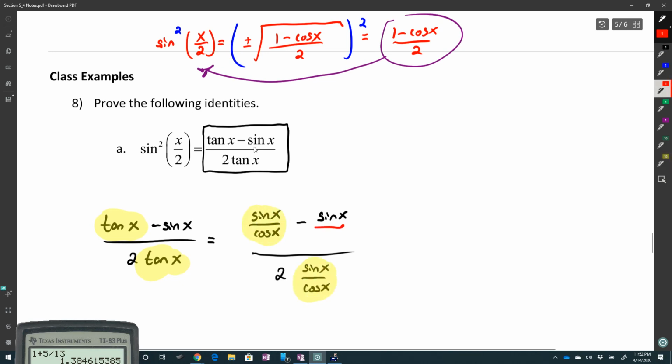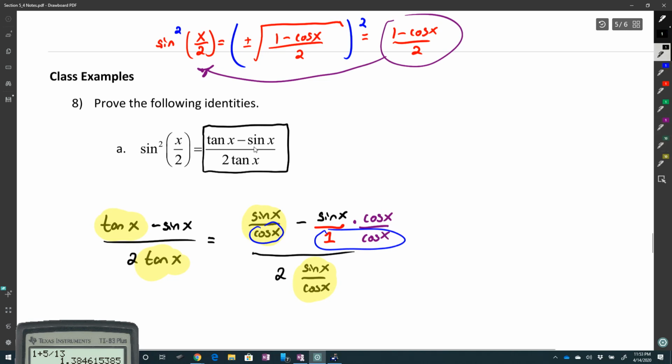Now this is really over 1. And so now all we got to do is get a common denominator. So here's cosine x, cosine x. So now the denominators are the same. Basically, we can't subtract unless we have the same denominator. And 1 times cosine x is the same denominator.